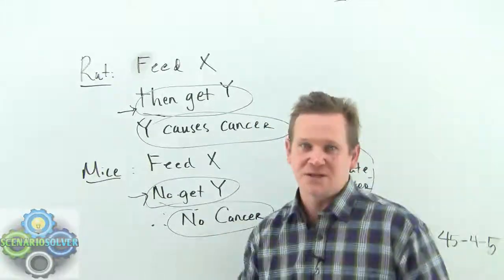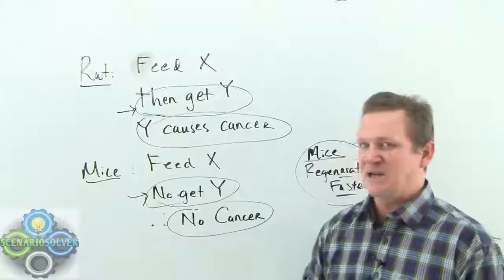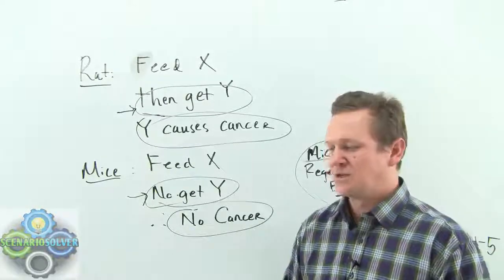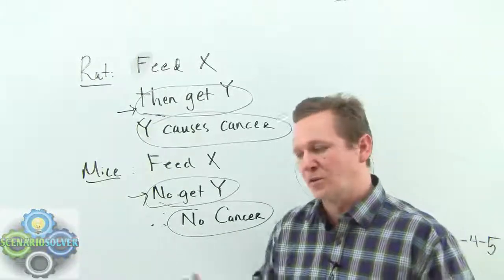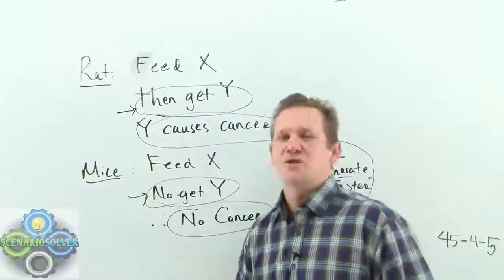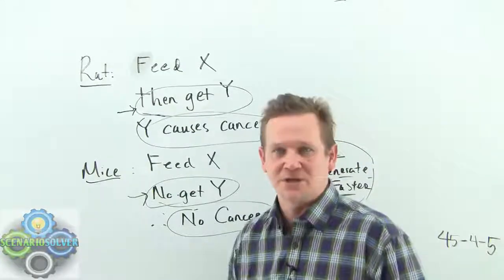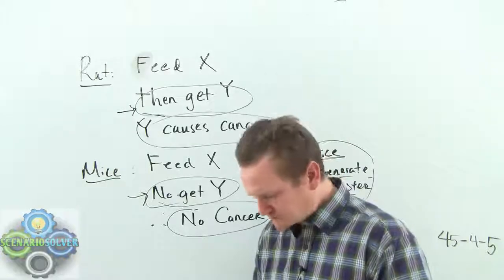So not only does this not resolve the discrepancy, if it were true, it would make it even more of a problem. It actually compounds the problem. It's not the answer.